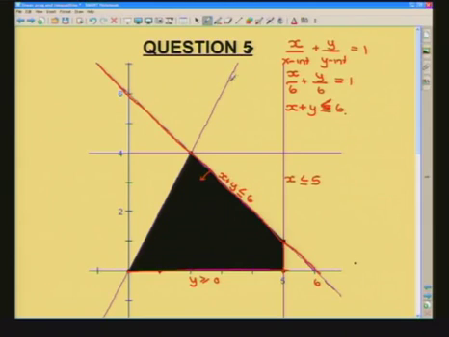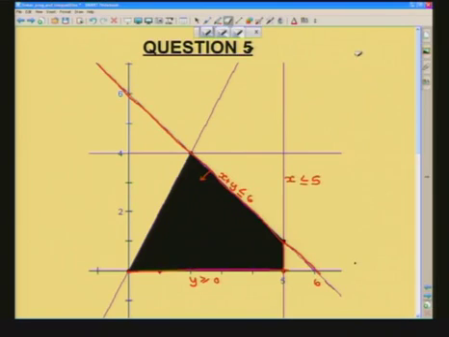Okay, we can see that this one here has the origin as one of its points. So let's just take that away. We can use the coordinate (0, 0). But in order to do this, we need to have at least one more point. And I can see from my graph that this point over here will be (2, 4).